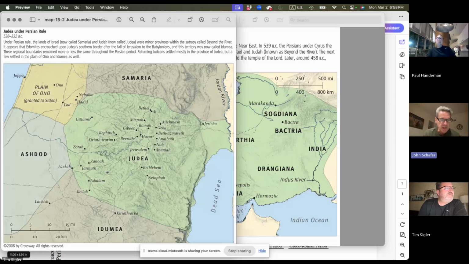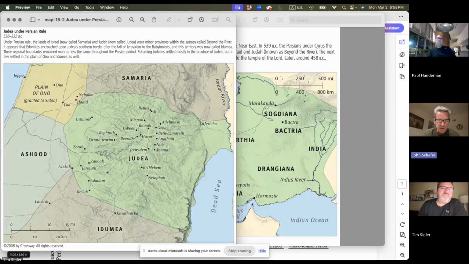It appears that Edomites encroached upon Judea's southern border after the fall of Jerusalem to the Babylonians, and this territory was now called Idumea. These regional boundaries remained more or less the same throughout the Persian period.